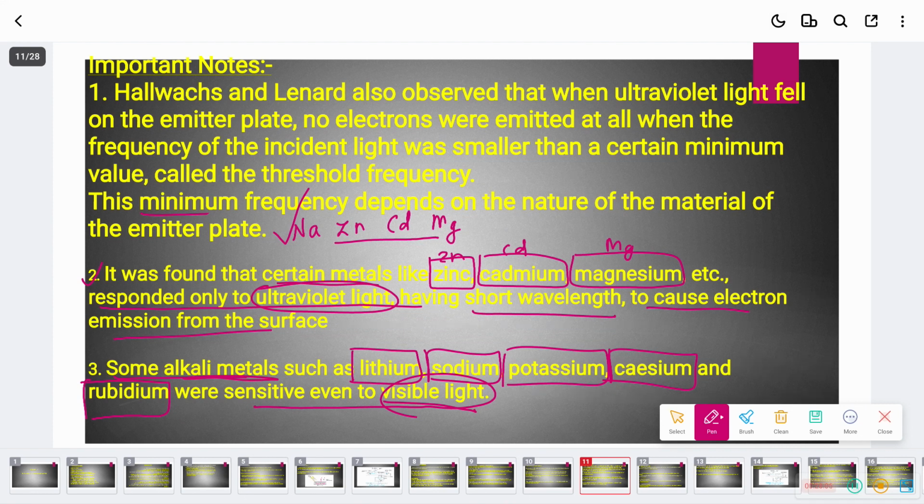To remember, someone named Ruby is in that class. Ruby is sensitive to which light? Visible light. That means you remember rubidium is sensitive to visible light.